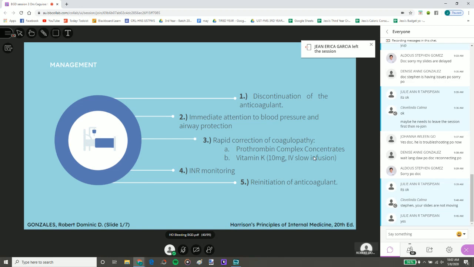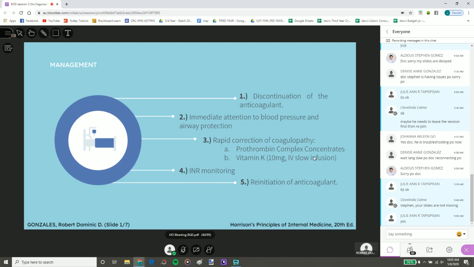For patients taking vitamin K antagonists or VKAs such as warfarin, in our patient we also have dicumarol and other drugs. Rapid correction of coagulopathy can be achieved by infusing PCC or prothrombin complex concentrates, which is concurrently administered with vitamin K in IV slow infusion.